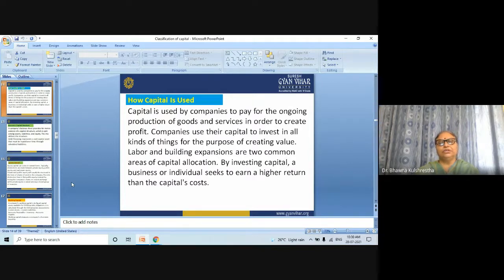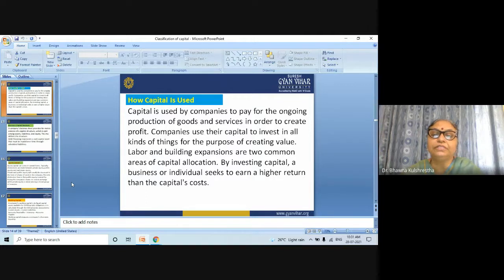Companies use their capital to invest in all kinds of things for the purpose of creating value. Labor and building expansions are two common areas of capital allocation.